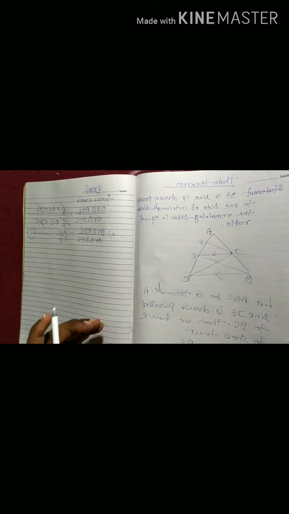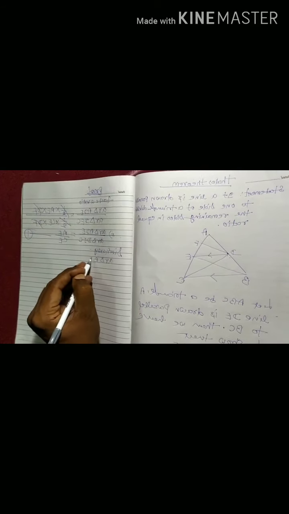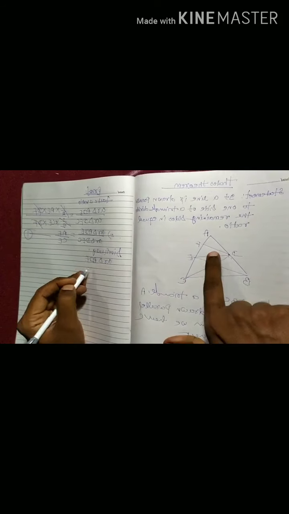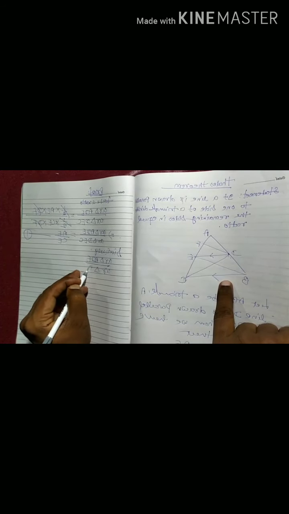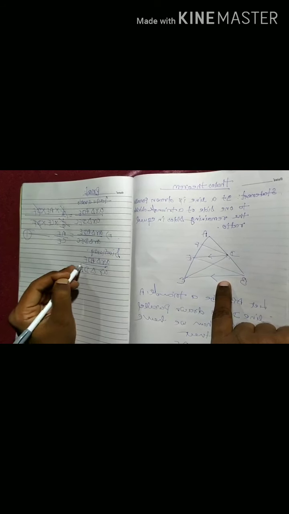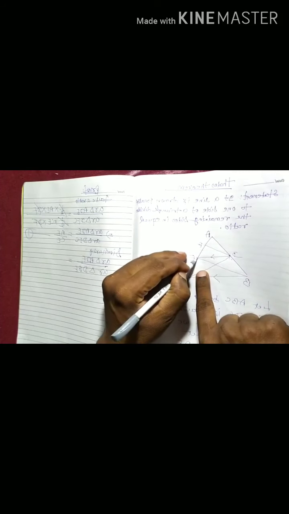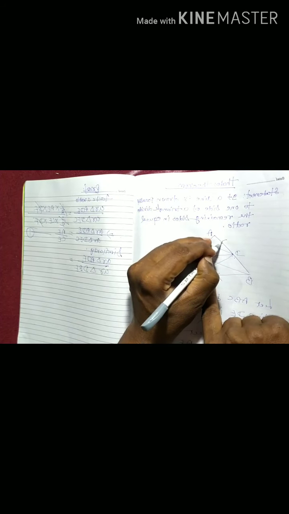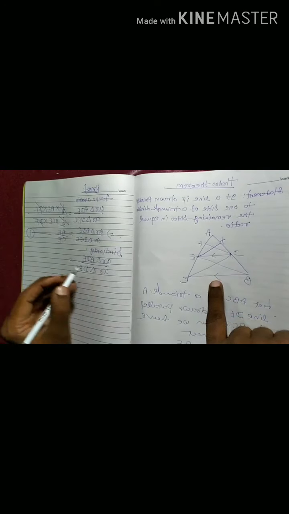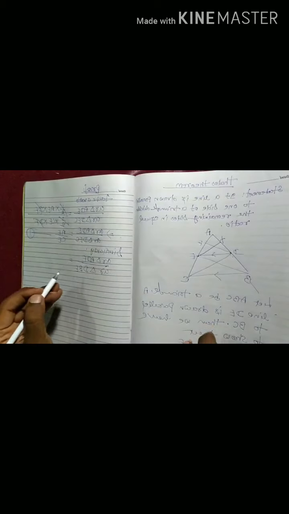Similarly, area of triangle ADE by area of triangle DBE is equal to, draw EX perpendicular on AB.